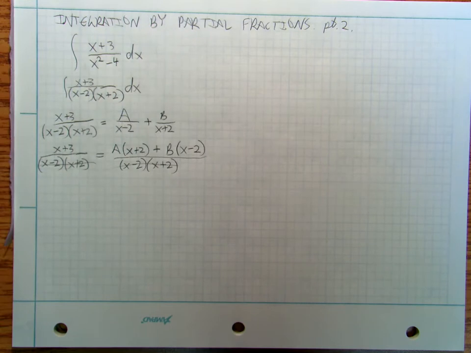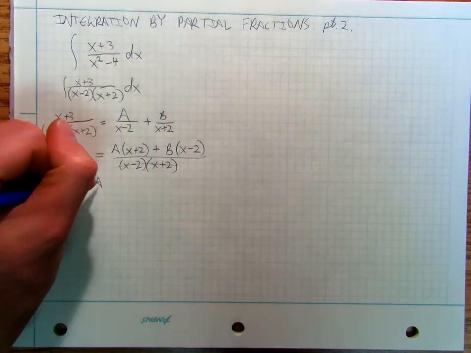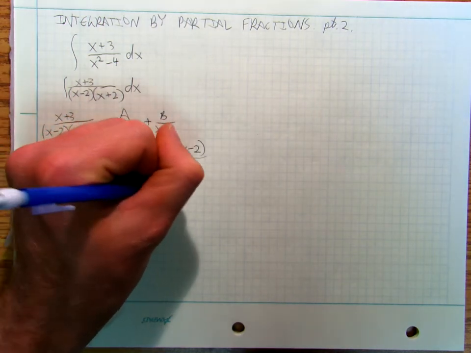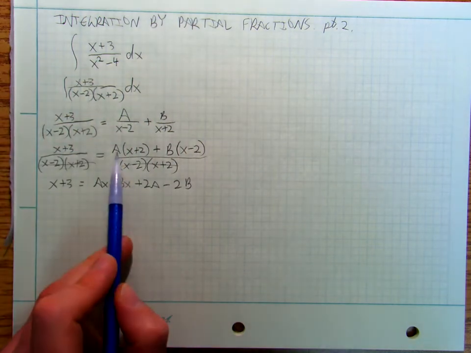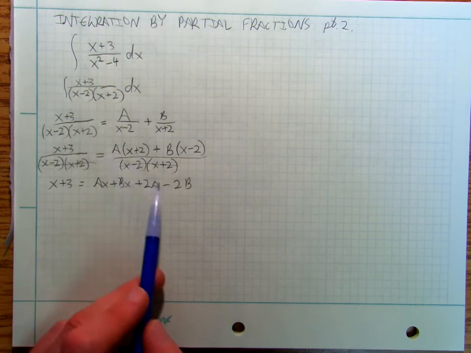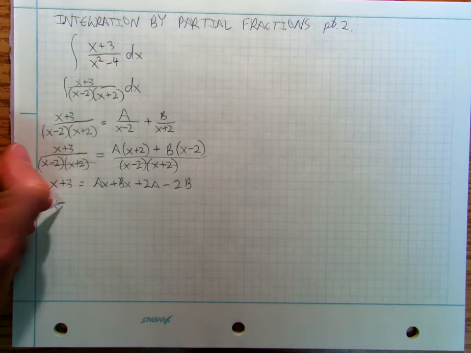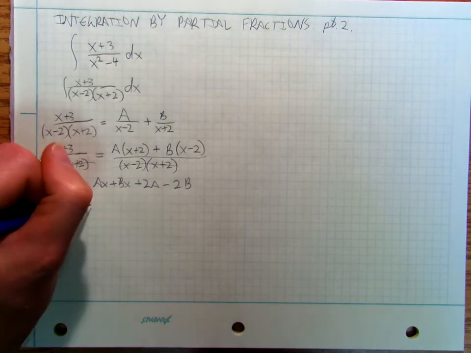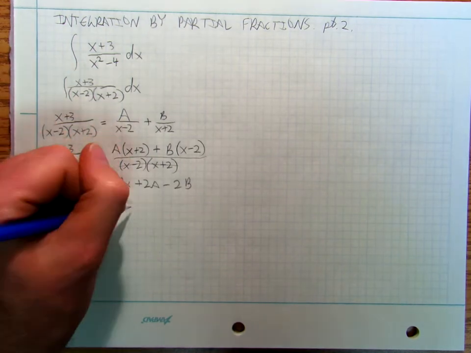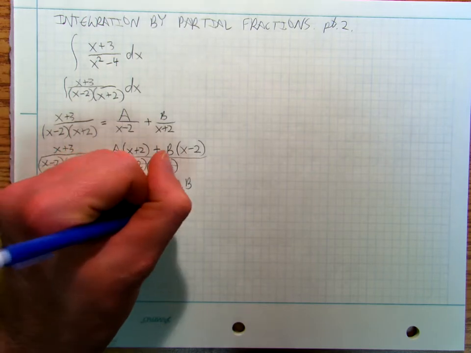Those are going to cancel out, and I'm going to have x plus 3 is equal to Ax plus Bx plus 2A minus 2B. So x plus 3 is equal to (A plus B)x plus 2A minus 2B.